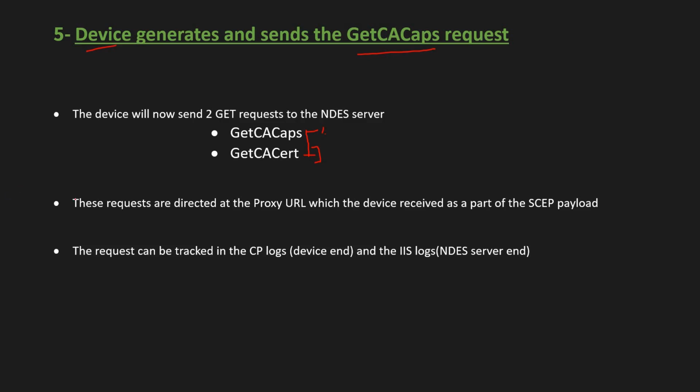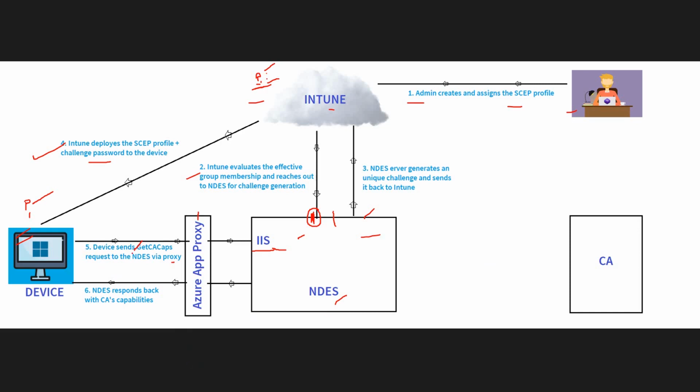Now, this request is going to be directed to the URL which the device received as a part of the SCEP payload. The request can be tracked in the company portal log in the device as well as in the IIS log at the server end. As I said, the device is generating a get CA caps request and sending it to the IIS of the NDES server, right?